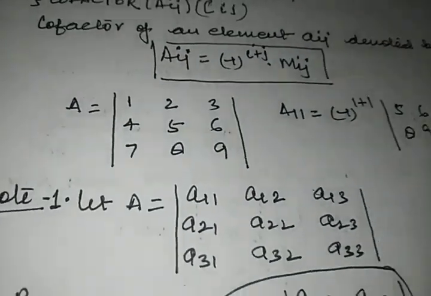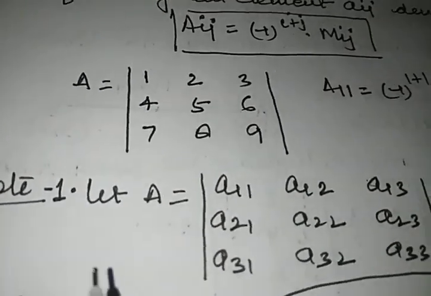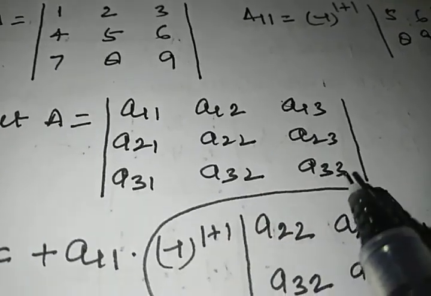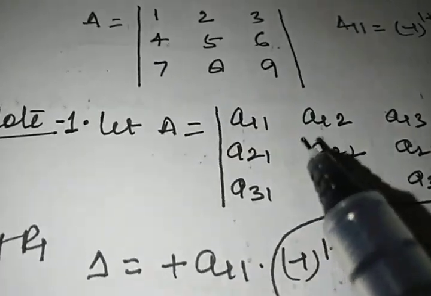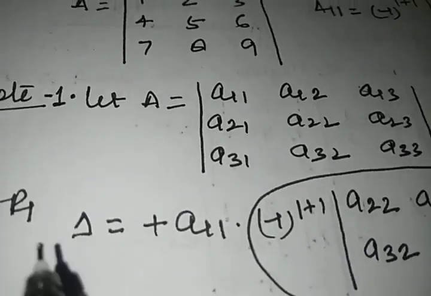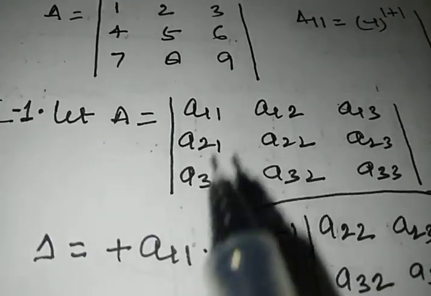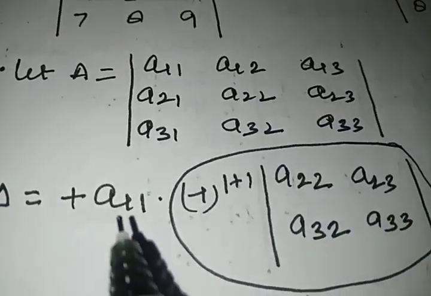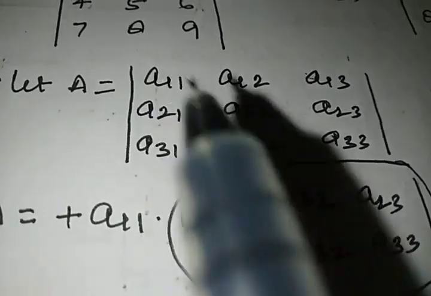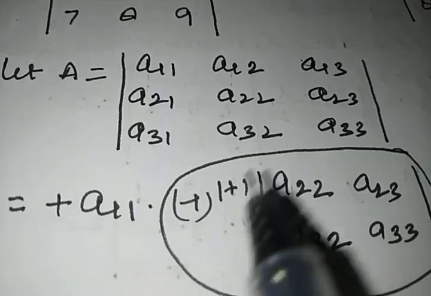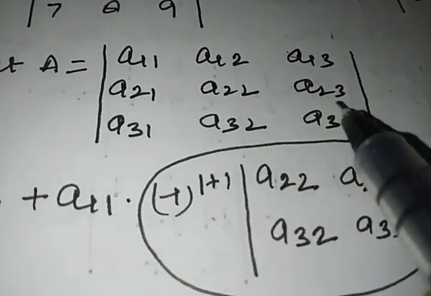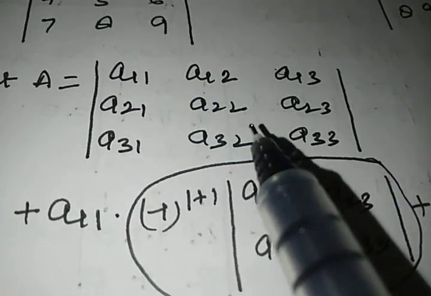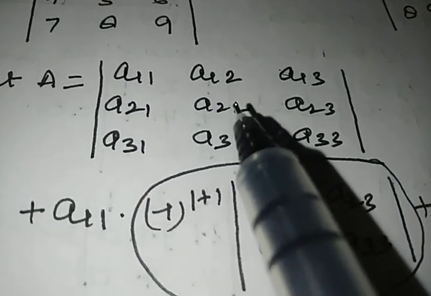Now see, it is important here. If A is equal to A11, A12, A13, these are the determinant, then how do we get the value of the determinant? So delta will be, as I told you, always how to expand. Suppose they are expanding by row 1. So A11, then the sign of A11, and its cofactor here. This means you expand the determinant according to row and column.